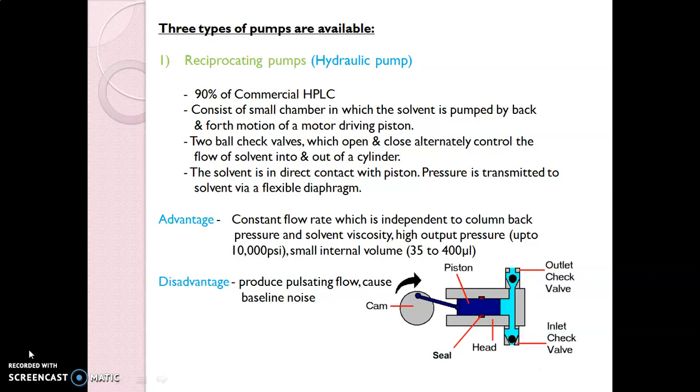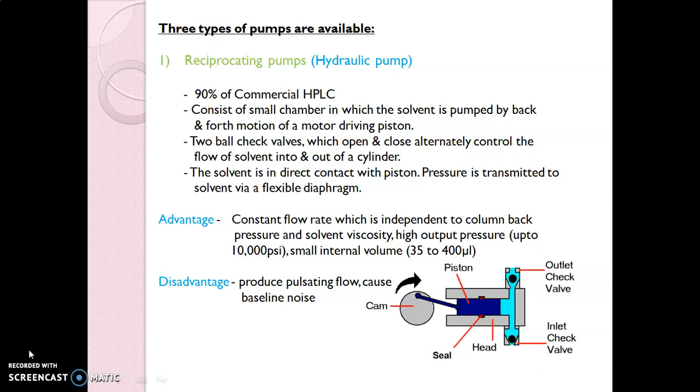It is independent of the column back pressure, meaning column back pressure does not hamper the performance of this reciprocating pump, and solvent viscosity also does not hamper its function. It gives a high output pressure up to 10,000 psi, and the internal volume is small, 35 to 400 microliter.